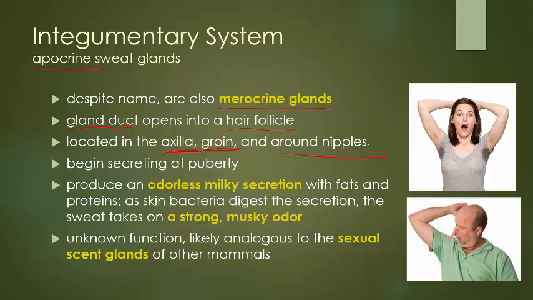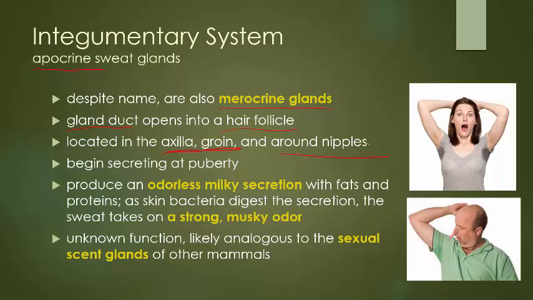It's because of the bacteria that live in these regions. As these bacteria are digesting the secretion, the sweat can take on a really strong, very musky odor that we associate as body odor.